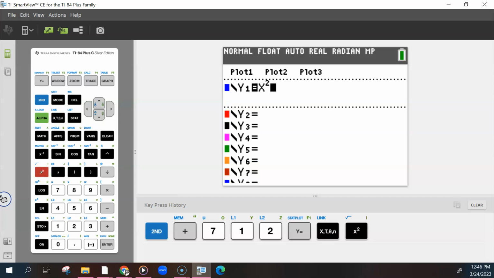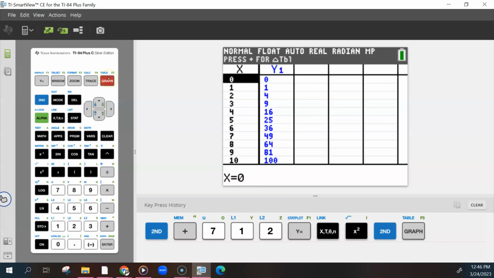And then you can go into your table to start finding values. Just like what we were doing before, find where your y values repeat and then find the middle.